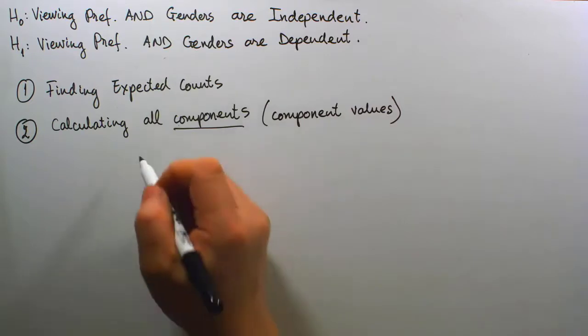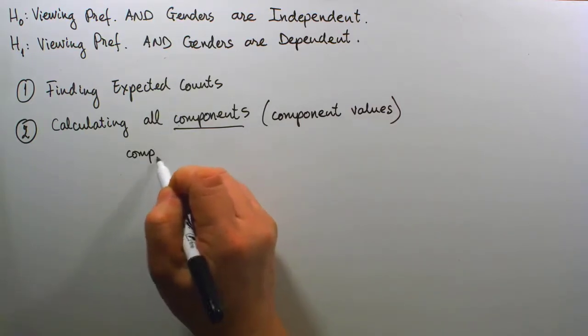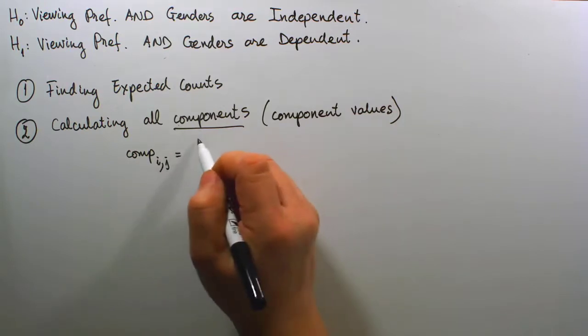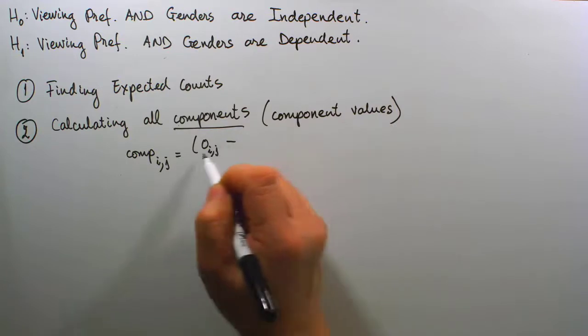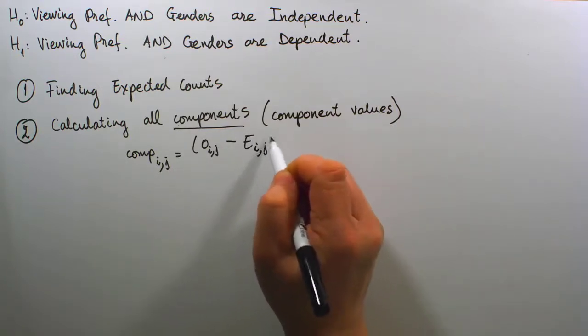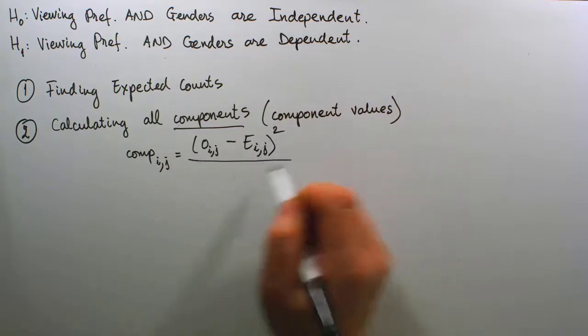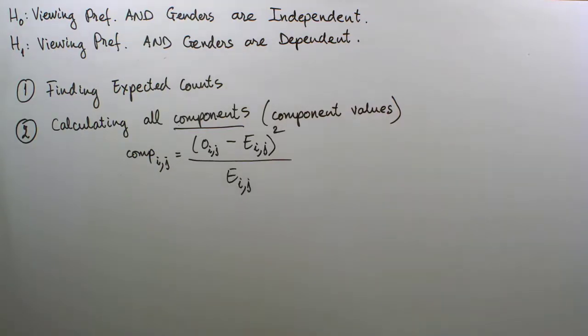So again, recall that the component at any entry ij is found by taking the observed count in the current entry minus the expected count in the current entry, squaring the difference, and dividing it by the expected count in the current entry.